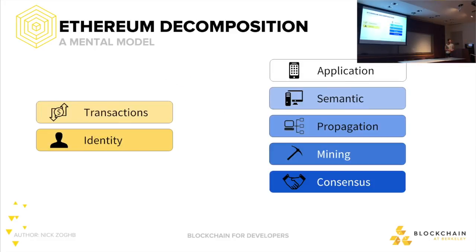Okay. So you may recall this diagram that we used in one of our first lectures. And we used it specifically with Bitcoin to describe things like consensus, things like mining, just to introduce identity and transactions and what they look like.